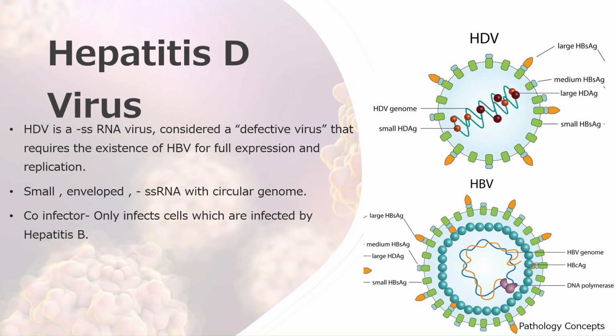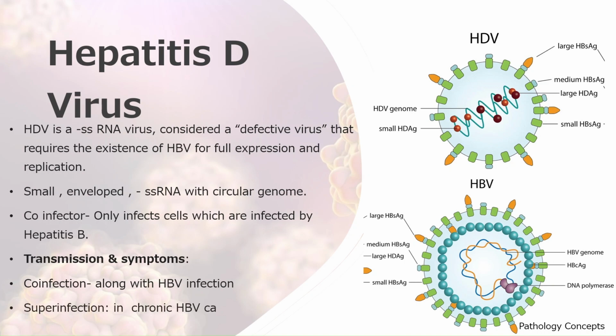It is a co-infector, only infecting cells which are already infected by hepatitis B virus. If it occurs with HBV infection, it is called co-infection. And if infection occurs in chronic hepatitis B carriers, it is called superinfection, which leads to a hepatitis flare.